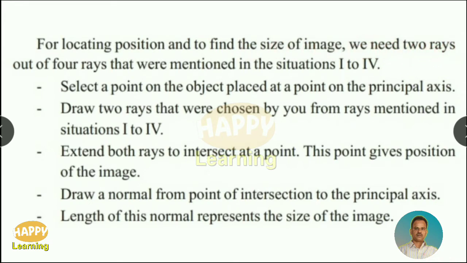We need two rays out of the four rays that were mentioned in the situations. We have discussed 4 situations: situation 1, situation 2, situation 3, situation 4. From those 4 situations, choose any two to locate the position of image and to find the size of image.